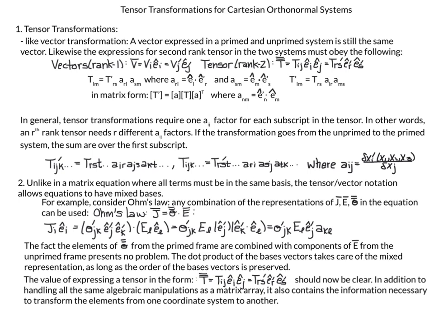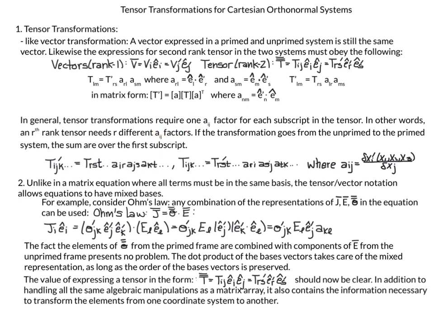You can see the similarity with the vectors, because with the vectors we use this matrix to go from the vector in the unprimed to the vector in the primed. Here we use this matrix twice, as A and A transpose. You can generalize this. We did this for rank 2, but if you have a tensor of rank R, then you're going to need R A sub ij factors.